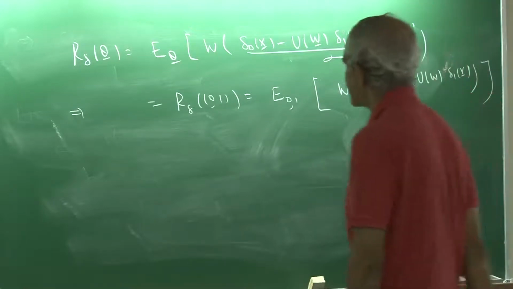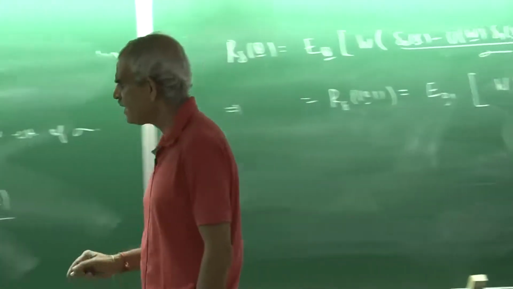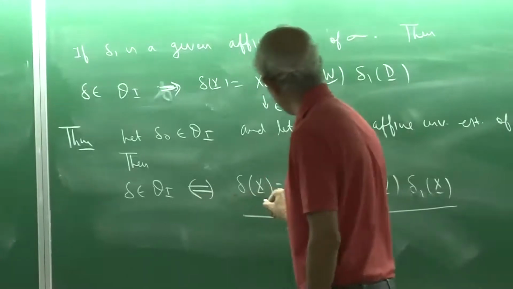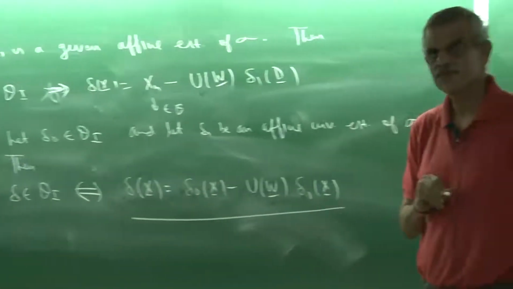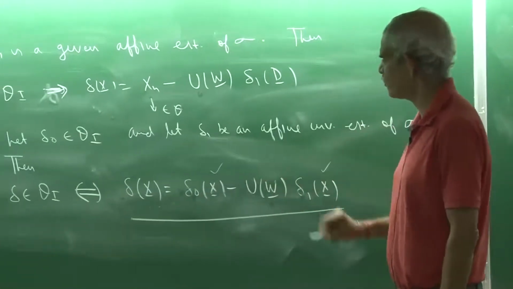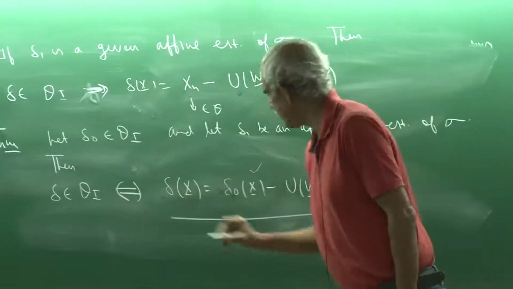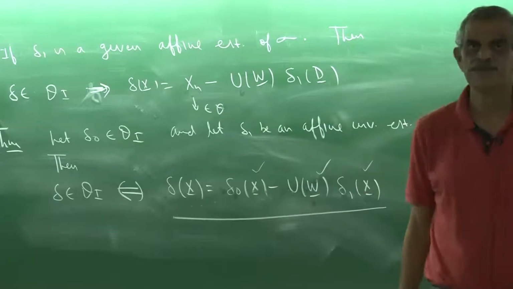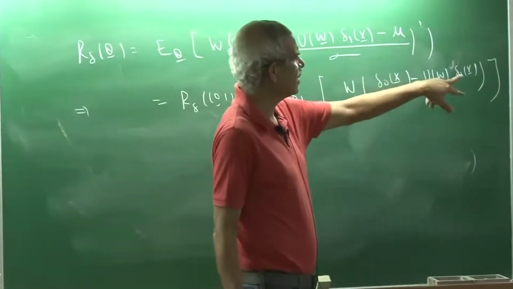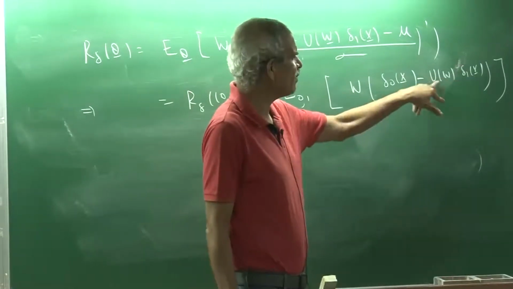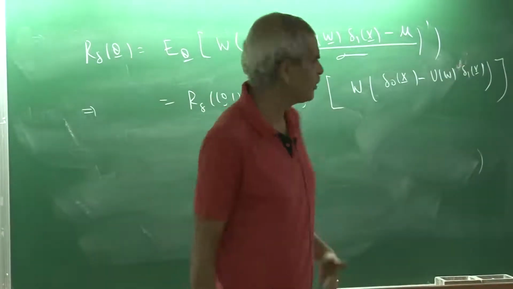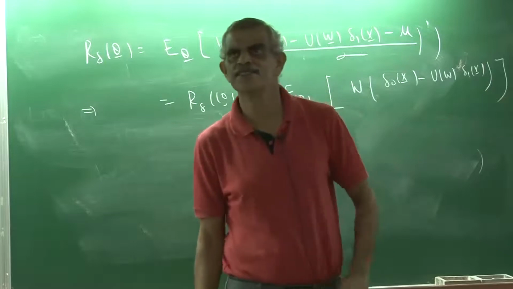Now note that when I say any invariant estimator of this type, my delta naught and delta 1 are fixed. So delta in di are varying only through this function uw. That means, in a certain sense, because delta naught and delta 1 are fixed, I have to find a function u which minimizes this.